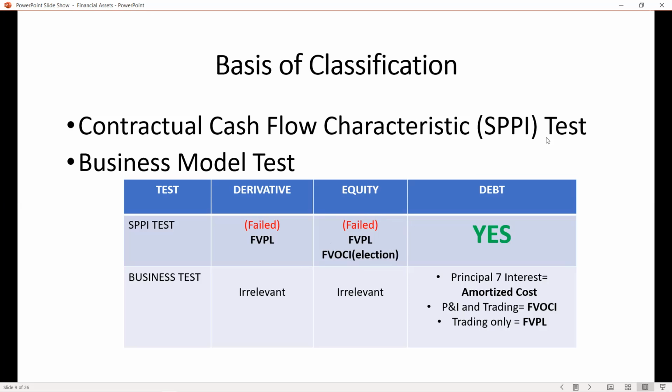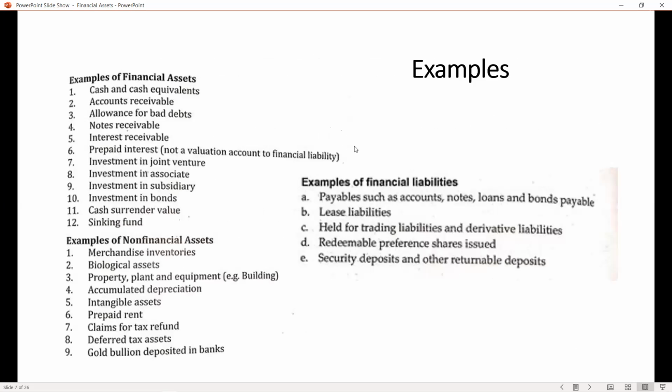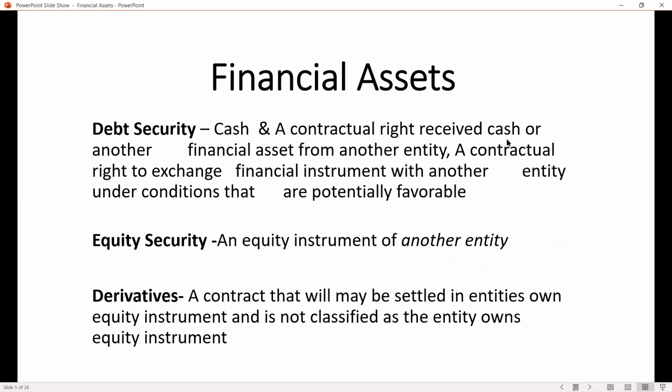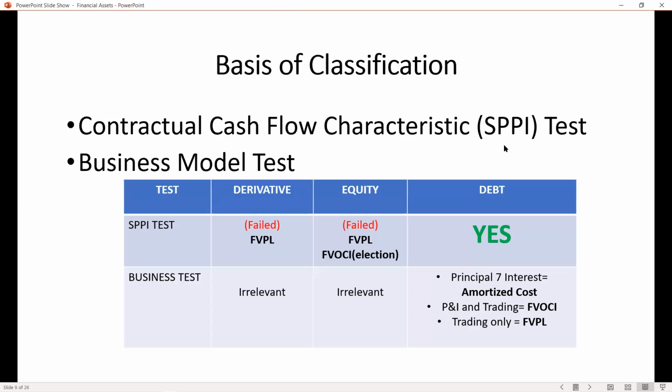So, debt securities now. Is the purpose of debt securities to collect the principal and interest? Yes. Why? Let's take a look at the examples of debt securities. We have the contractual right to receive cash. What are those contractual rights to receive cash? For example, the notes and the accounts receivable. If those accounts mature, at the end of the day we are going to collect the principal and the interest, right?